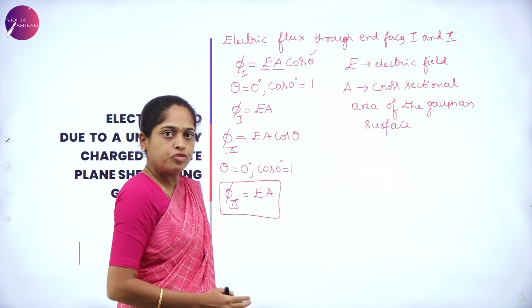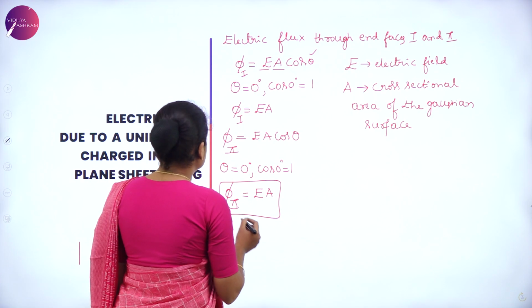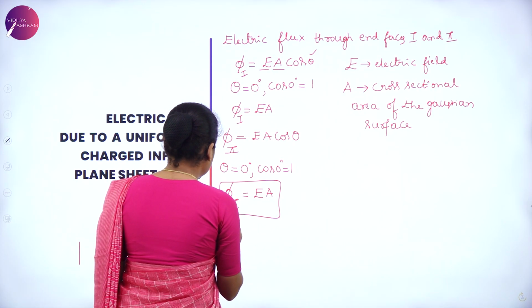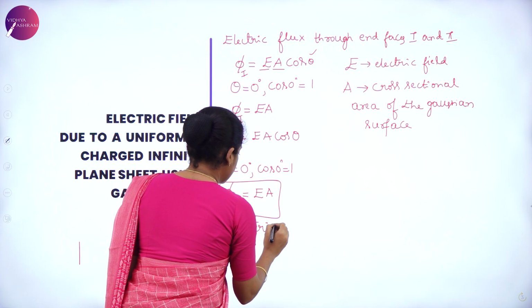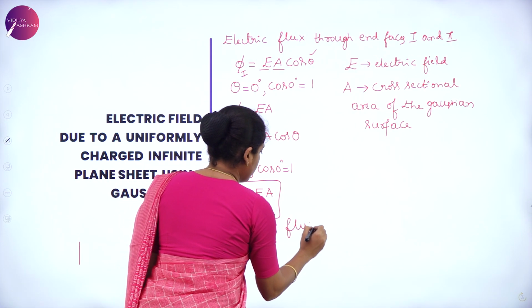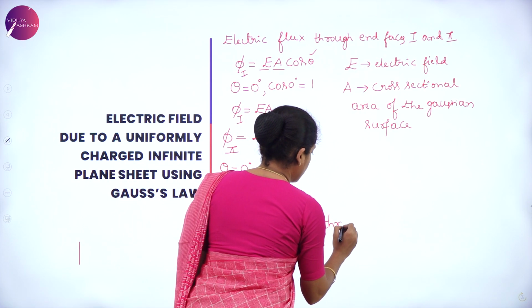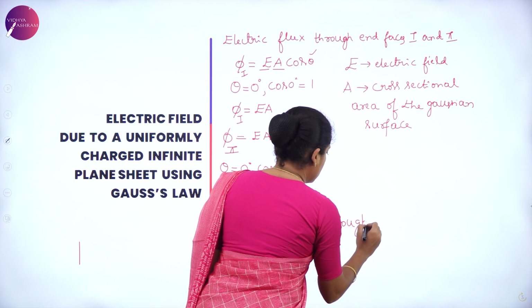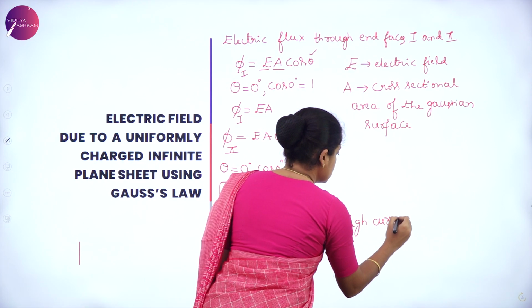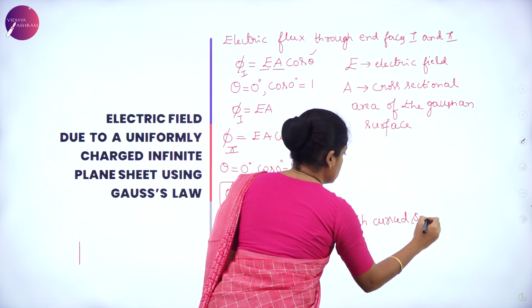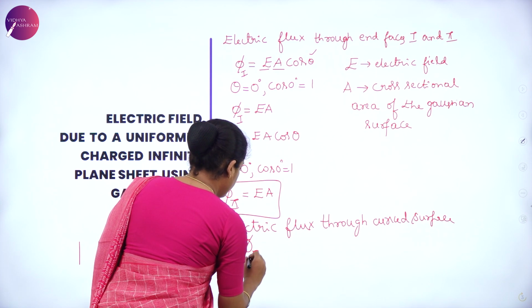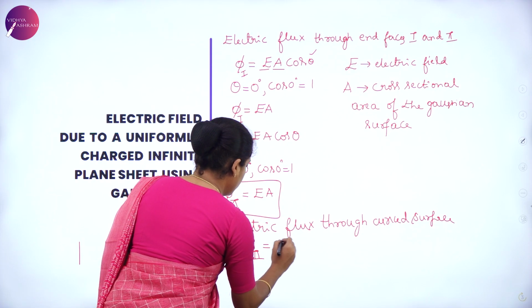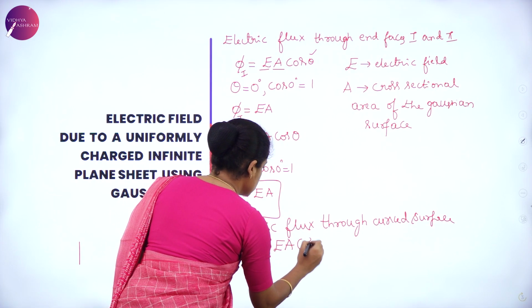Next, to calculate through the curved surface, let us calculate the electric flux through the curved surface. That is phi 3, which is equal to EA cos theta.